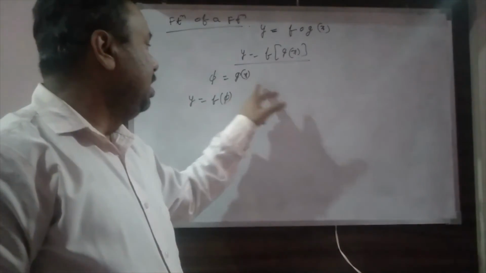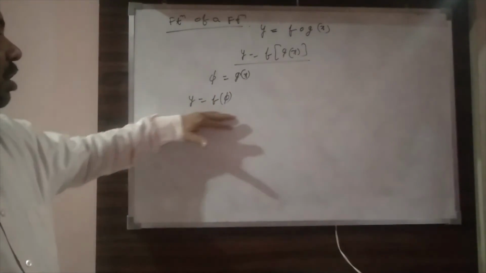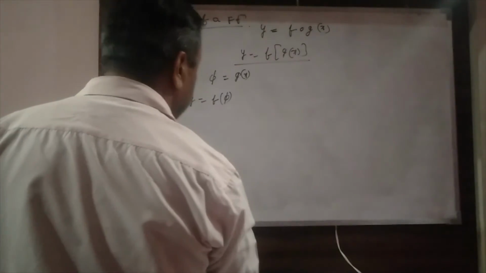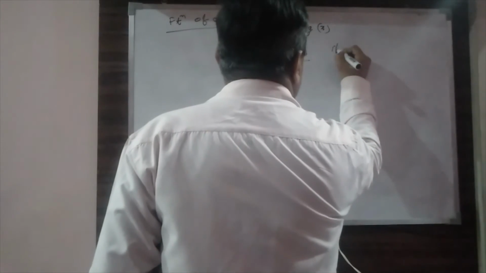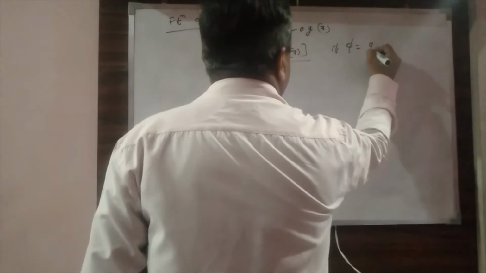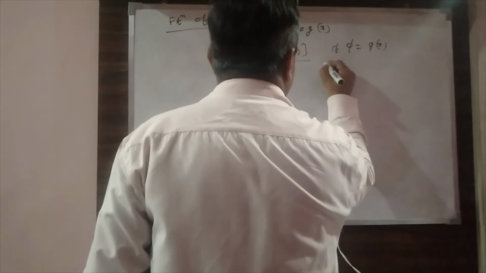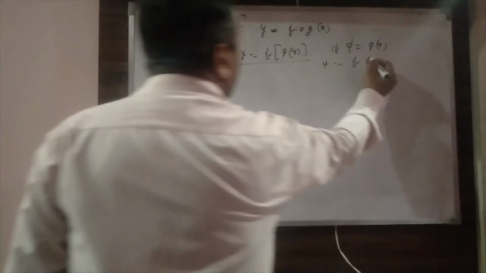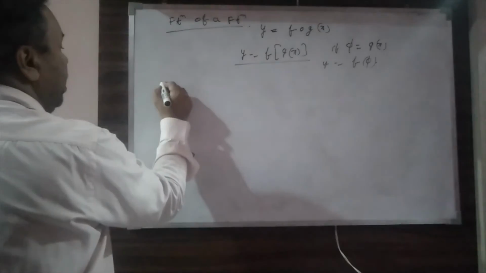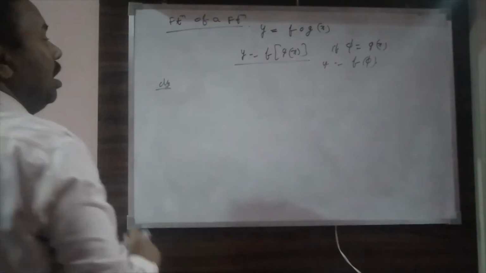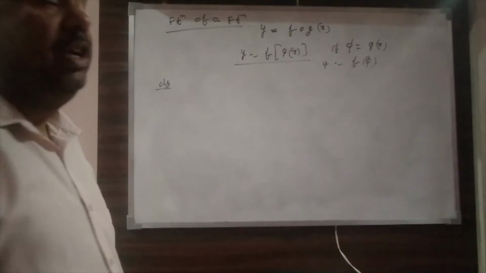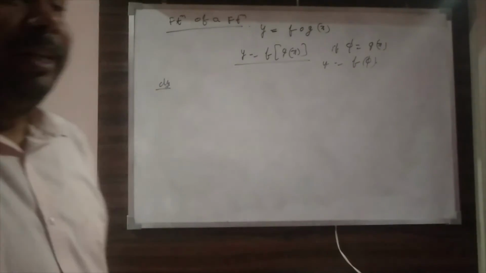If I take phi as gx, then y is what? F of phi. So what will be dy by dx? Let's write it there only. If phi is equal to gx, then y is equal to f of phi. So in this case I will find out dy by d phi, not dx.